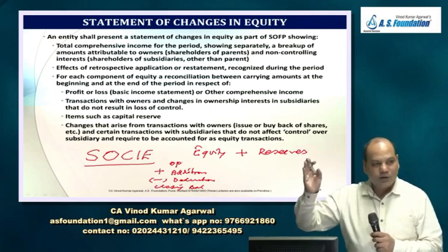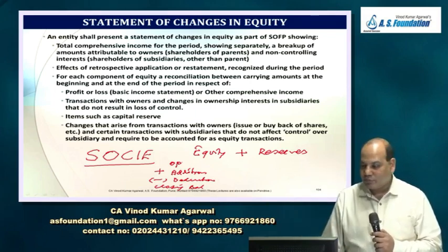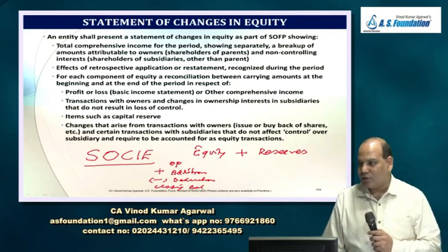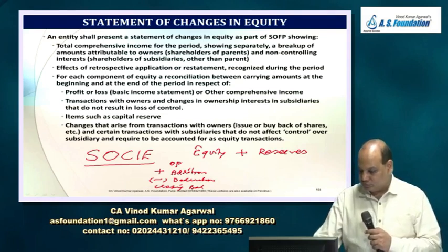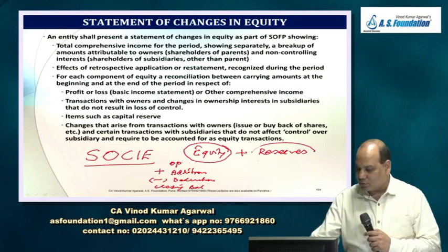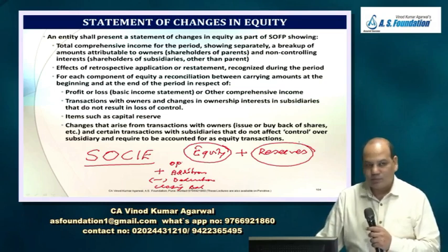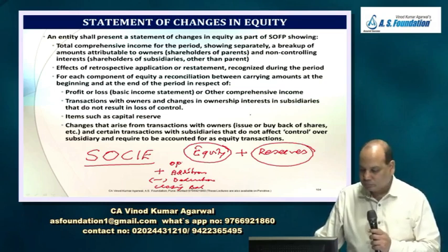For each reserve you open a separate column. During the year you see what has been the change in that reserve. You have to do plus and minus and reach the closing balance, and the total will be transferred to statement of financial position. So nothing great about it.